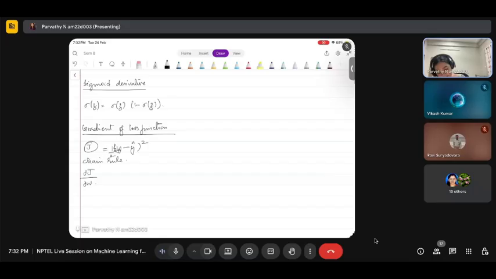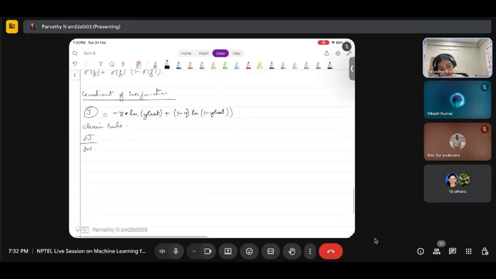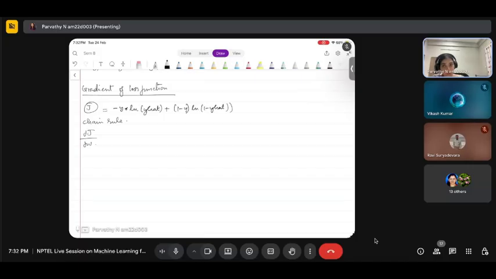But then for binary cross entropy, it is minus y into log y hat, so it is like this for the binary cross entropy loss function.